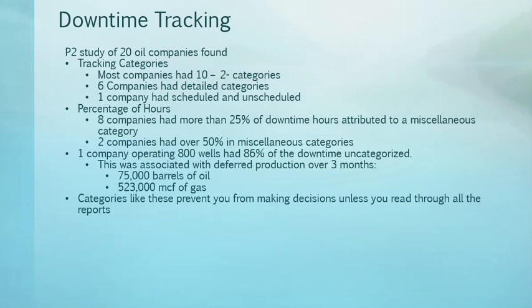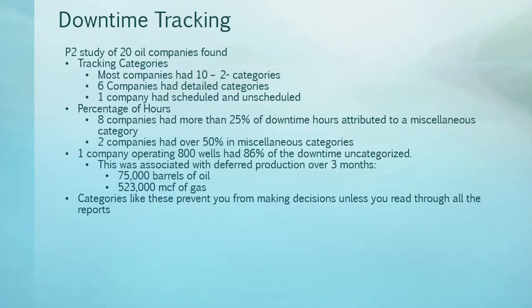Two companies had 50% in miscellaneous categories. One company operating 800 wells had 86% of the downtime uncategorized. They associated it with deferred production over three months of 75,000 barrels of oil and 523,000 MCF of gas.